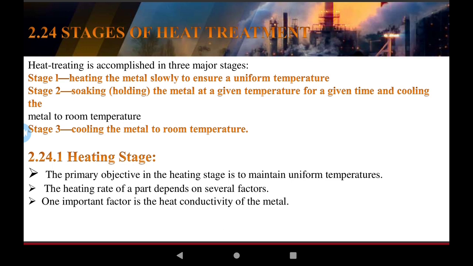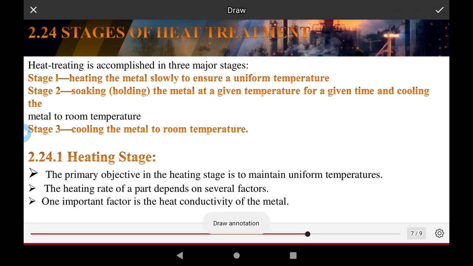Stages of heat treatment. Heat treating is accomplished in three major stages. Stage 1: heating the metal slowly to ensure a uniform temperature.